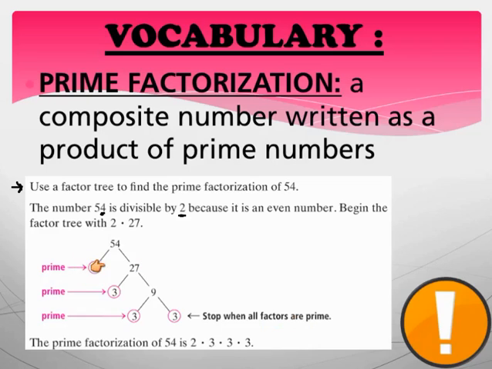One way you can do that is by circling all the prime numbers so that you know that they aren't divisible by anything else. So the prime factorization of 54 would be 2 times 3 times 3 times 3. Another way to write that would be 2 times 3 cubed, or 2 times 3 to the third power.